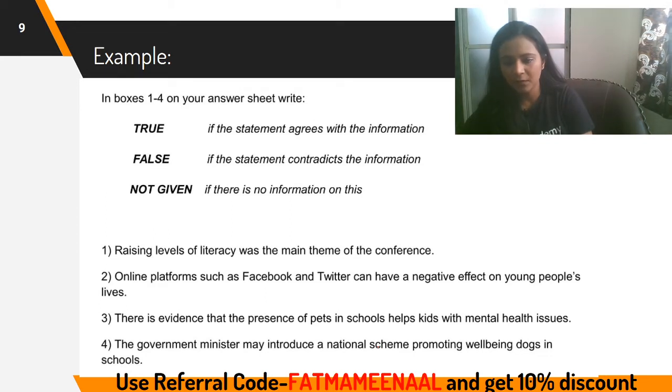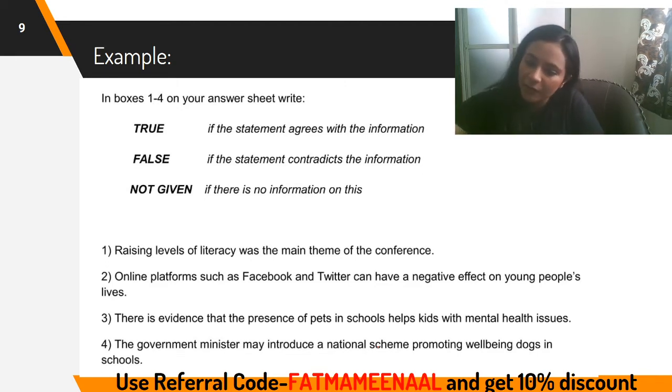The question, it's a reading module question, Ankit, and the question is in front of you. You have to decide whether these sentences are true, false, not given, and I've also discussed how you're going to approach these questions. So the first step is to understand if it's a true, false, not given question or a yes, no, not given question, and then read the question statements, try to understand the meanings, and mark your keywords. You can have a couple of keywords that can help you find the answer.